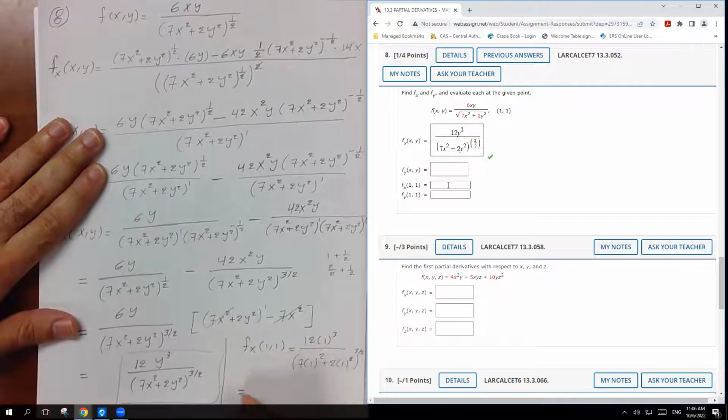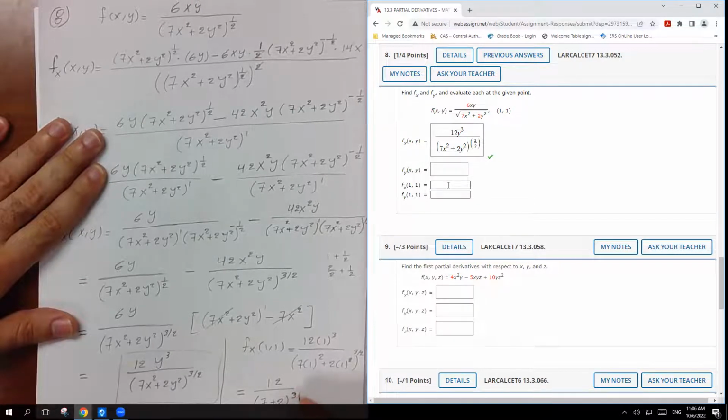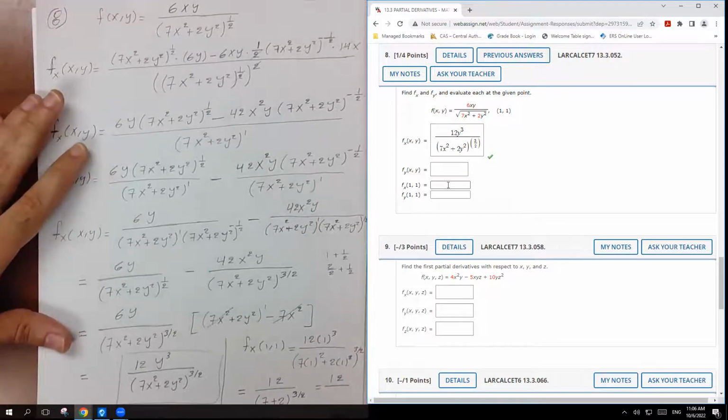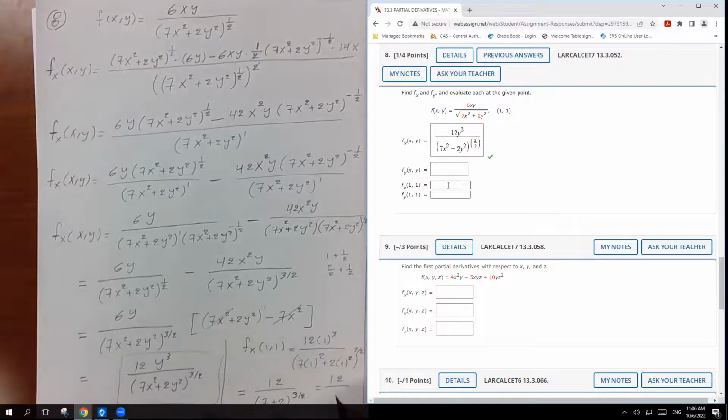So here is 12, and here is 7 plus 2 to the power 3 over 2. So it's going to be 12 over 9 to the 3 over 2.